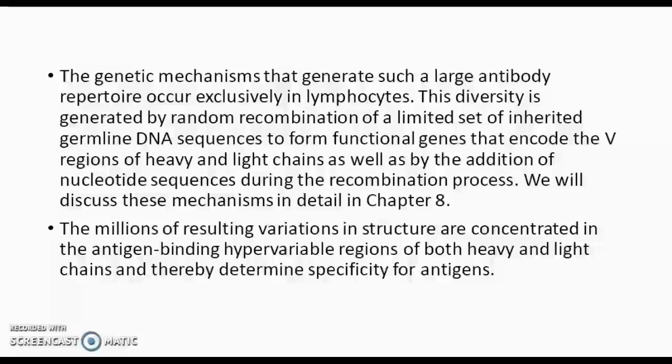This diversity is generated by random recombination of a limited set of inherited germline DNA sequences to form functional genes that encode the variable region of heavy and light chains, as well as by the addition of nucleotide sequences during the recombination process. The millions of resulting variations in structure are concentrated in the antigen binding hypervariable regions of both heavy and light chains, and thereby determine specificity for antigen.